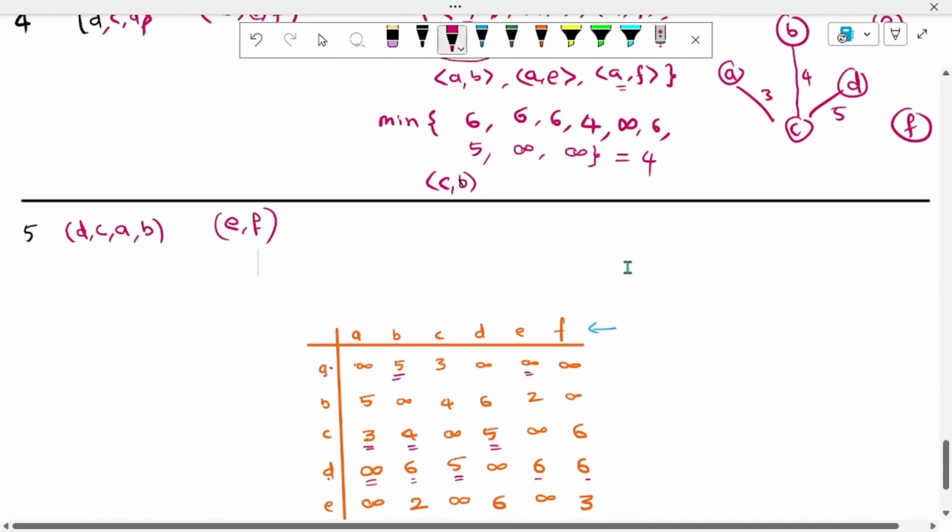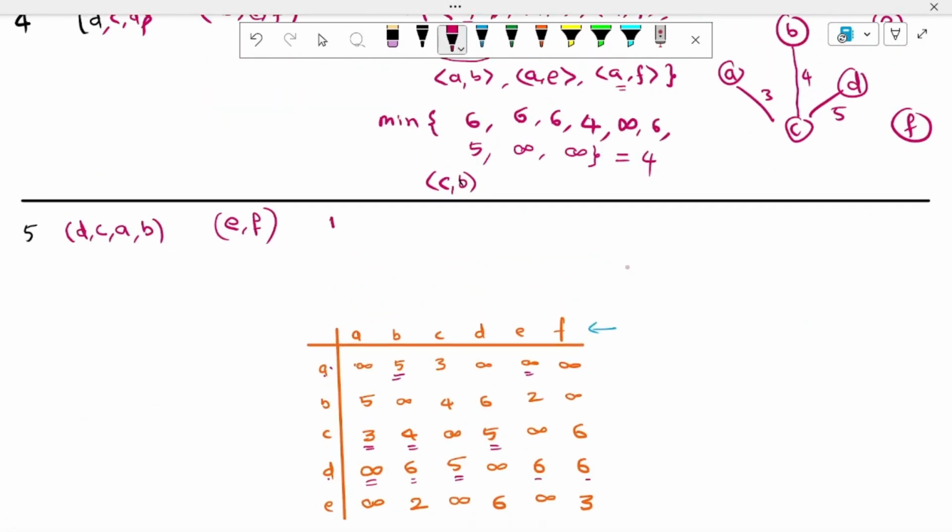So now you must be knowing how to write the edges here. This is most important. If you miss one edge, you may be getting wrong answer. So DE, and you can have CE, you can have AE, and you can have BF, right? Then next you can have DF.